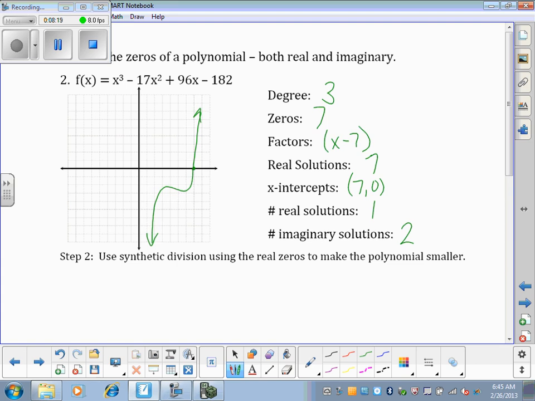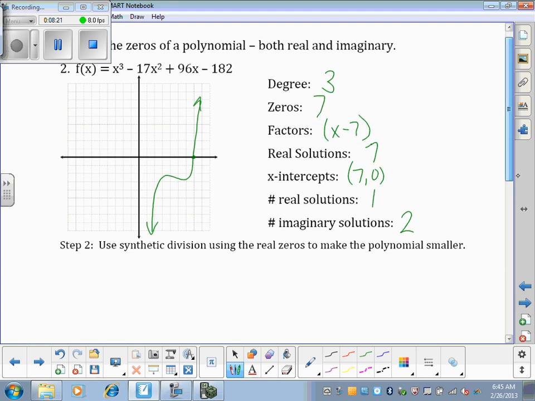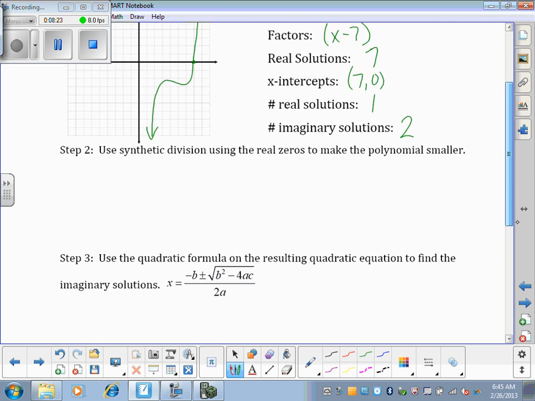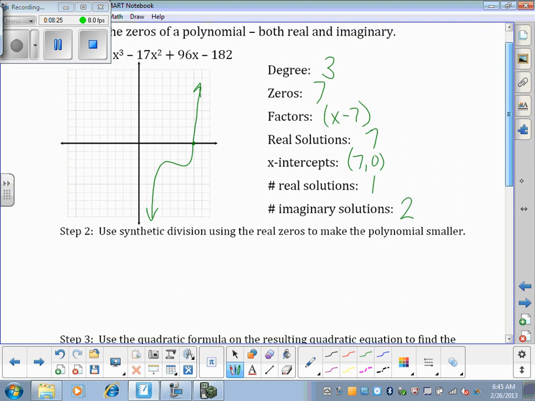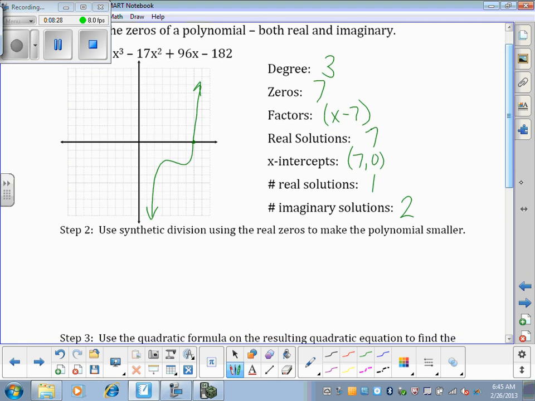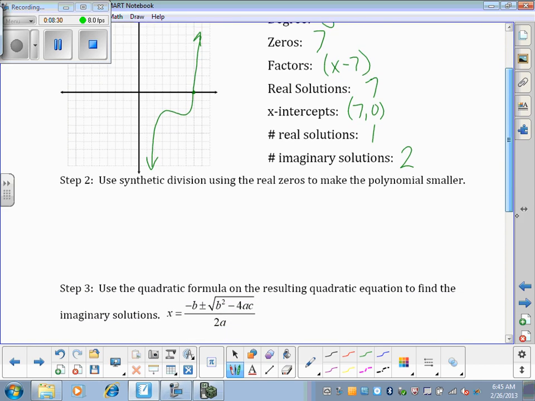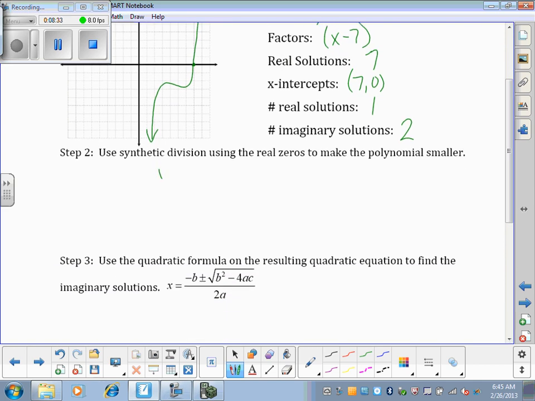All we know right now is that we have a solution of 7 as one of the solutions. So we're going to use synthetic division to do this. If I rewrite my equation down here, it looks like this: f(x) equals x to the third minus 17x squared plus 96x minus 182.